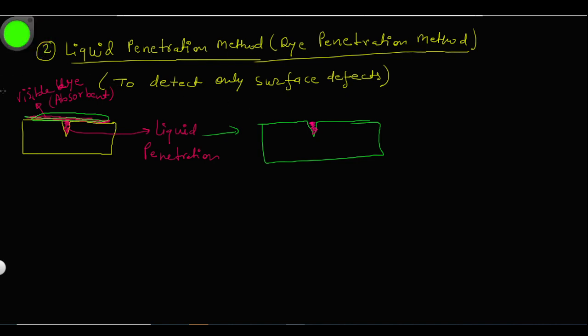Again we applied another, different color. So this is visible, so we detected the defect. Like this we detect the defect. So we apply a different color dye.